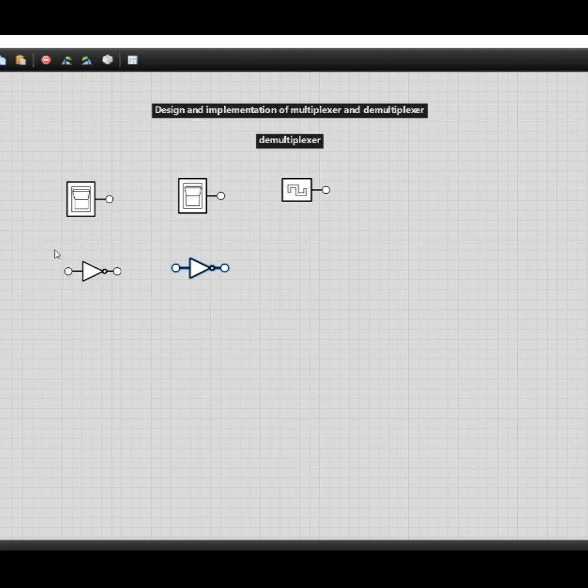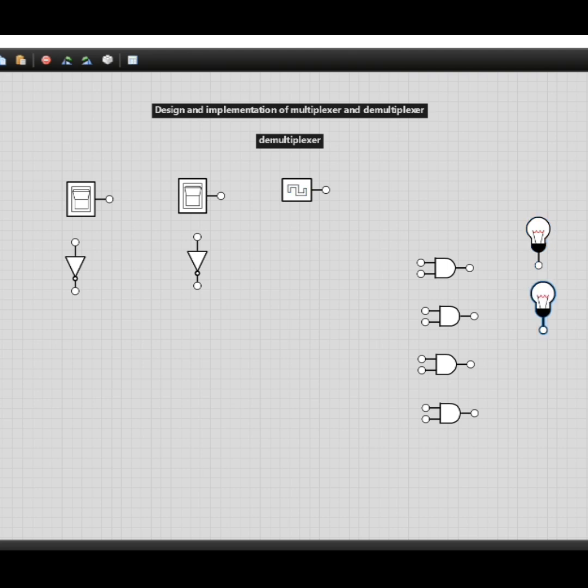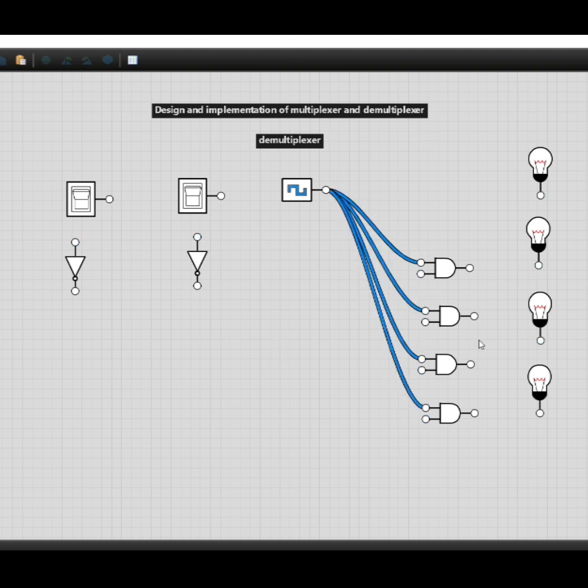demultiplexer. For this we need two inputs, one clock and two NOT gates, four AND gates and four outputs. The connections are given.